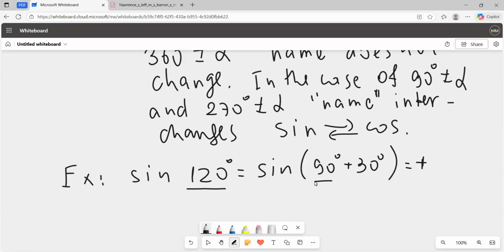And since we have 90 degrees plus or minus something, the name will be changed and it will be cosine 30 degrees.